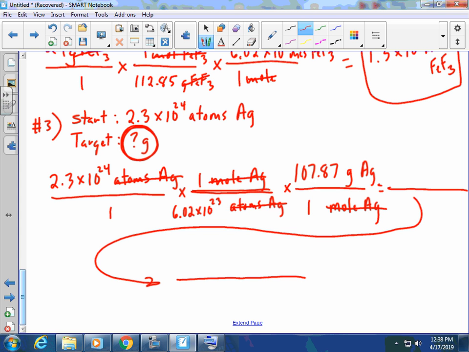Nope, 2.3 times 10 to the 24th times 1 would just be 2.3 times 10 to the 24th. Okay, so just this times this. All right, now what's 2.3 times 10 to the 24th times 107.87? 248.101. Now let's just say 248.1.